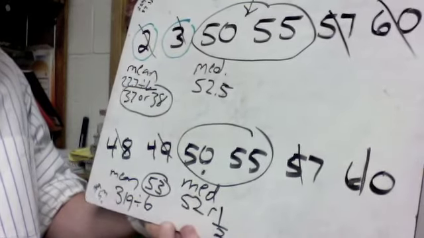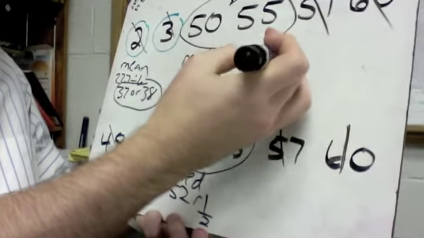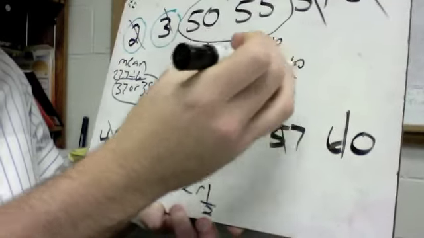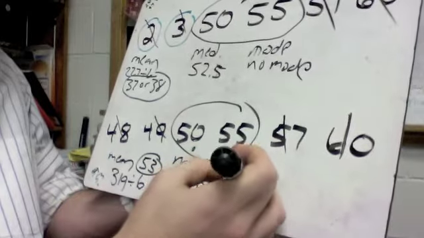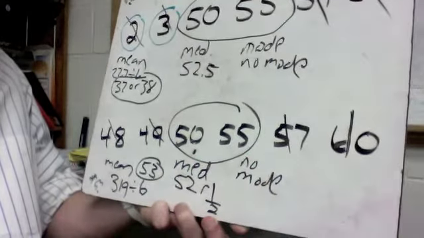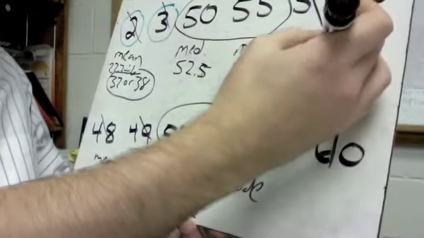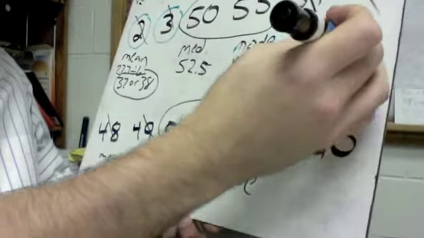Now if we go to the mode, for mode I've got, looks like no mode up here. And for mode down here, I still don't have any mode, so it's going to be no mode. And then if I go to the range, here I've got 60 minus 2, because the range is the highest minus the lowest. That's going to be 58.